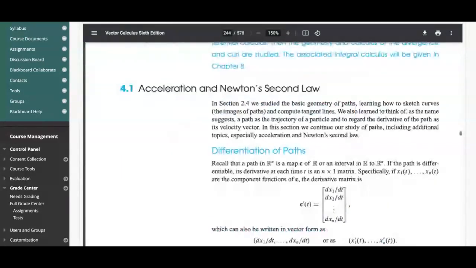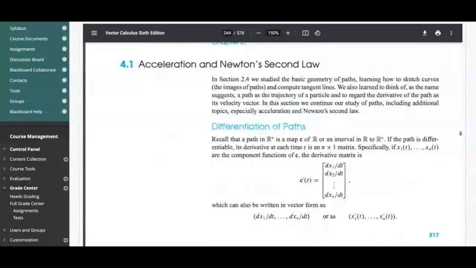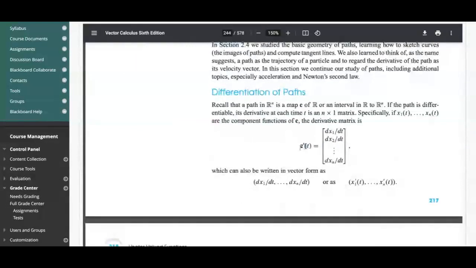So chapter 4, vector valued functions. Now we see the path. We use a column vector to represent it, because the path goes from one space to n space. So C(t) is an n by 1 matrix, with n rows and 1 column.